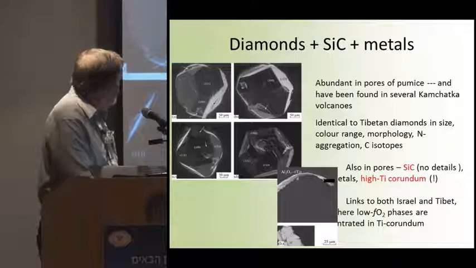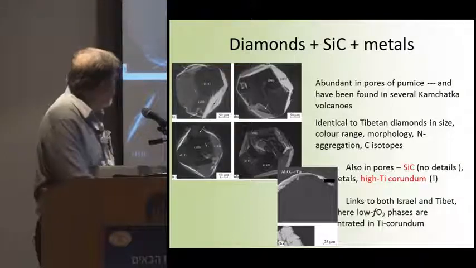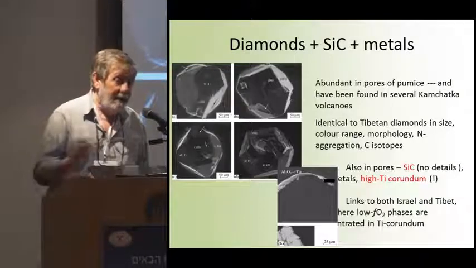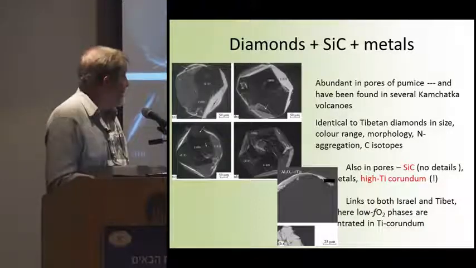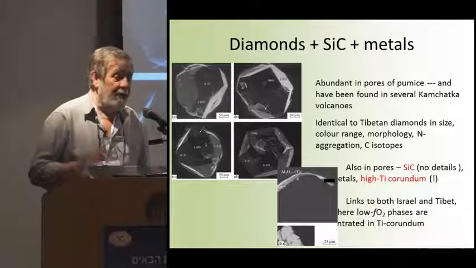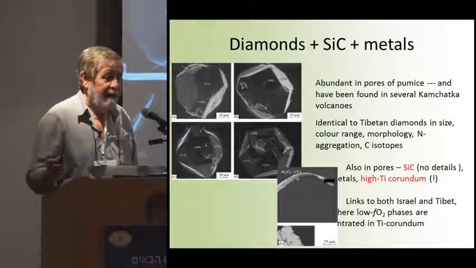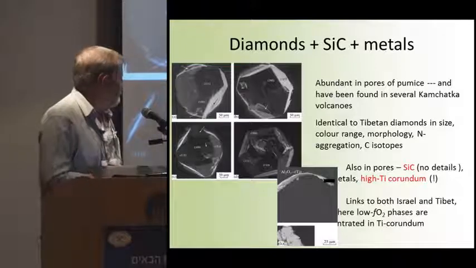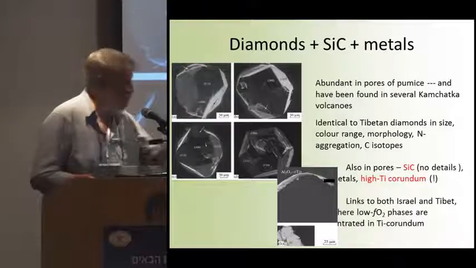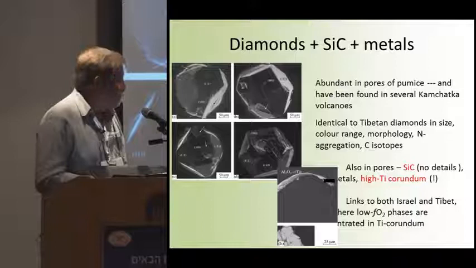They have the same kind of weird morphology. They have the same color, greenish to yellowish. They have the same carbon isotopes. Like the ones in Tibet, they have very low degrees of nitrogen aggregation. Again, they look very much like synthetic diamonds, but the Russians have shown pictures of them in C2 and so forth and so on.